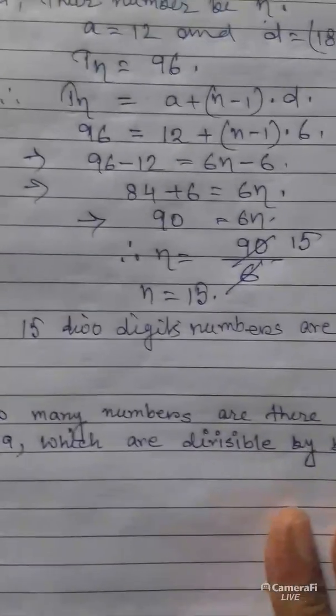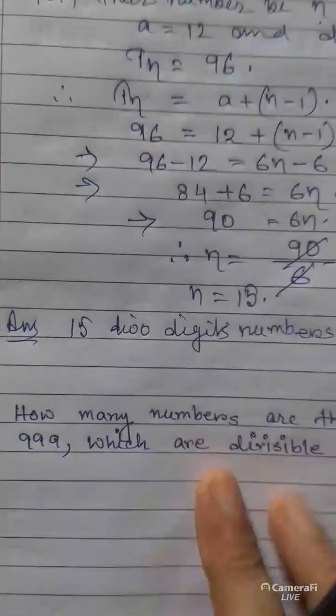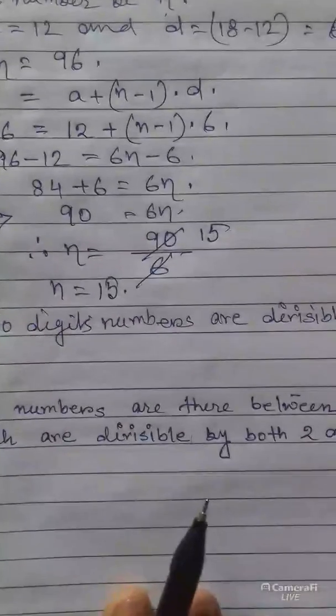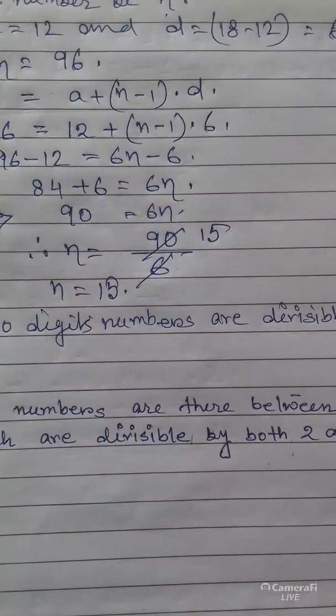Now how many numbers are there between 101 and 999 which are divisible by both 2 and 5? That means each given number is divisible by 10.